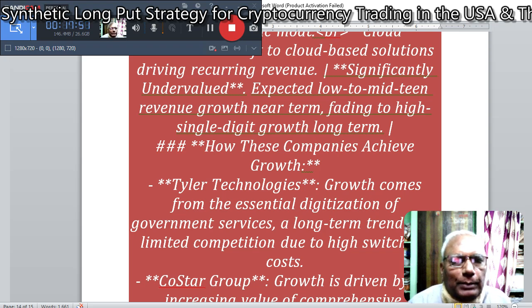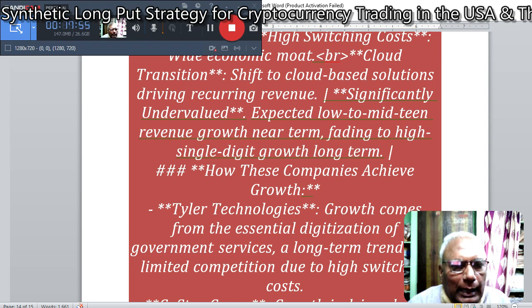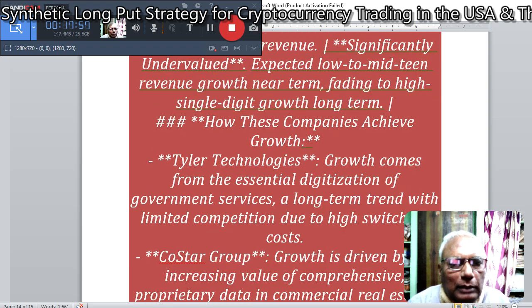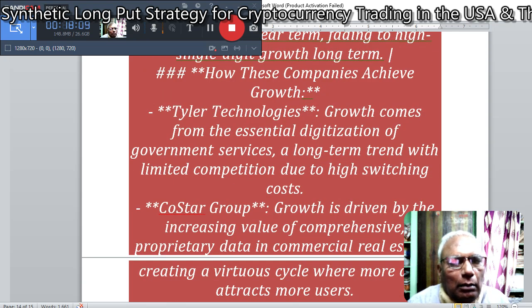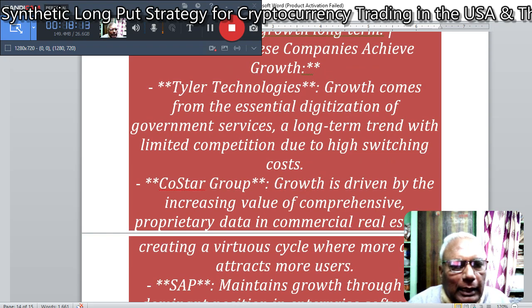How do these companies achieve growth? Tyler Technologies' growth comes from the essential digitization of government services, a long-term trend with limited competition due to high switching costs. Second company is CoStar Group.